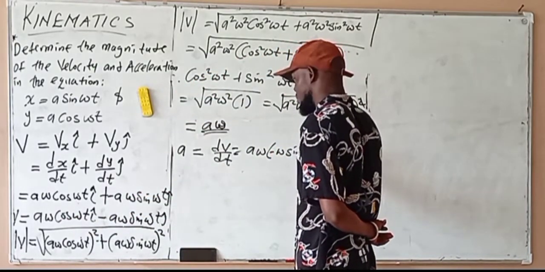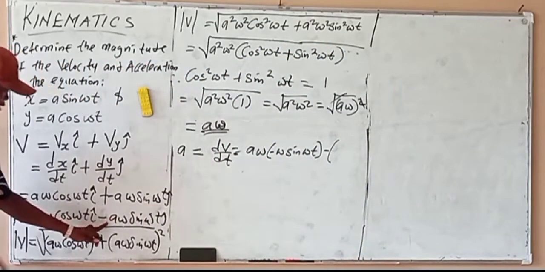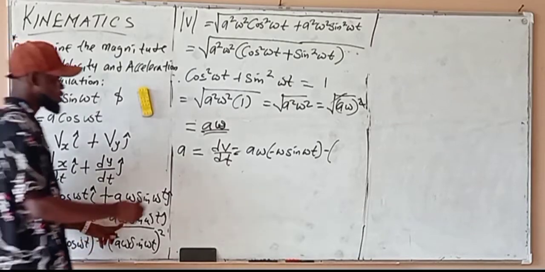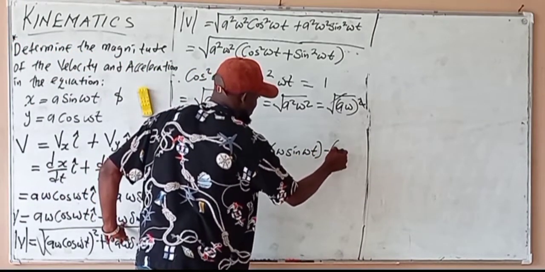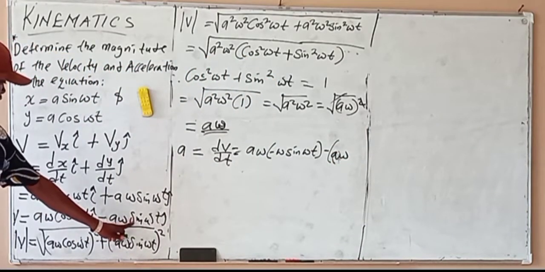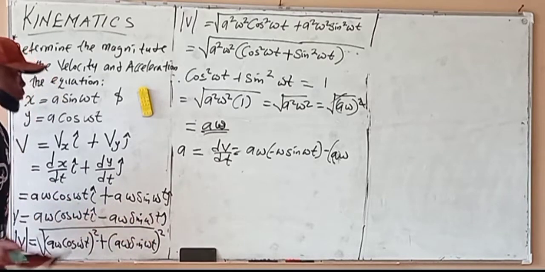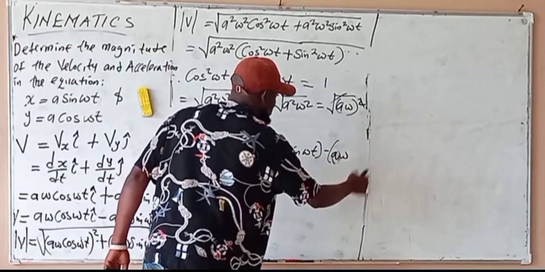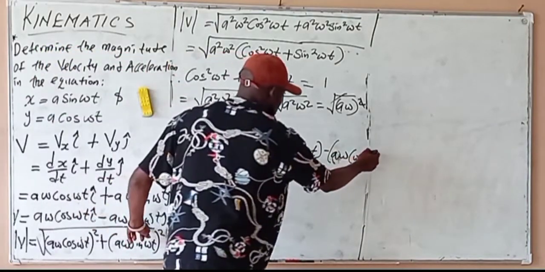Then let's do this second one. Leave these two because they are constant numbers. That's AW. Then sin WT. Differentiate WT, you have W. Differentiate sin, you have cos.